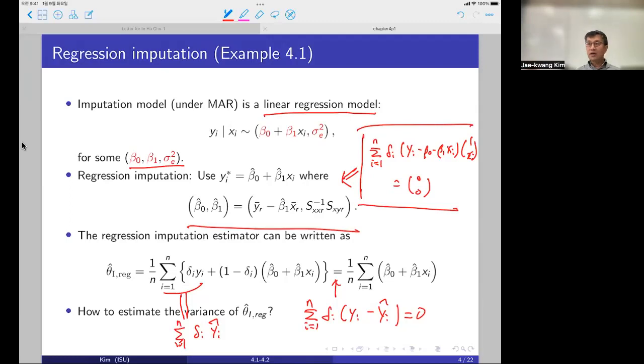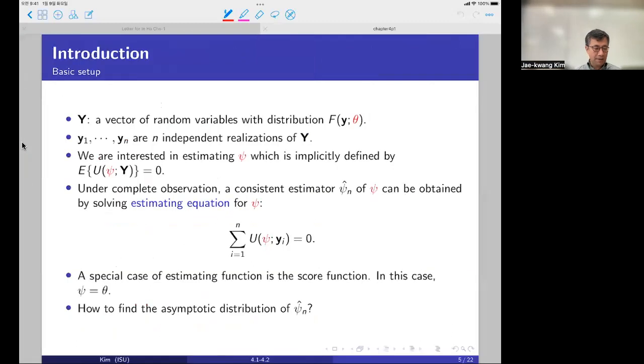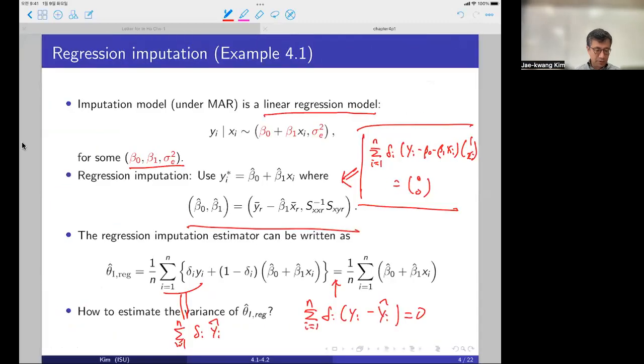We want to construct the confidence interval and things like that. So that's not the end of the story, it's just half of the story. The other half is how to make an inference. That is not a trivial problem. So that is basically the motivation of this chapter.